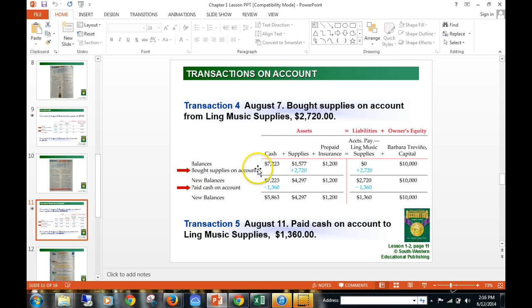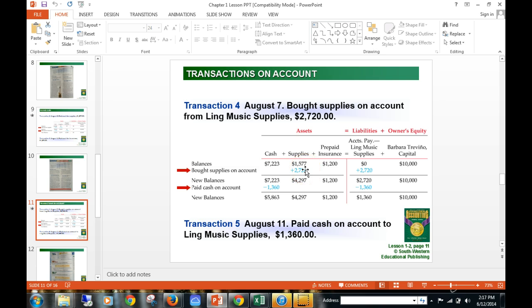Now, we bought supplies on account. Since we bought supplies, again, supplies are an asset. We're going to increase our supplies. However, we didn't pay cash for the supplies. We bought it on account, which means that we owe Ling Music $2,720 at a later date.